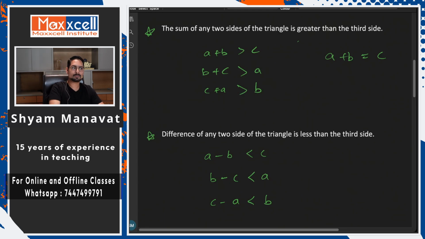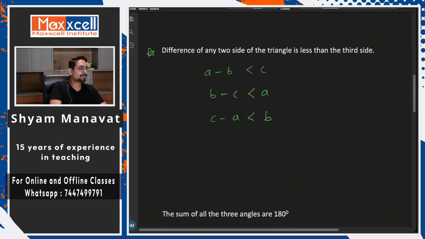We will learn that in coordinate geometry. Nevertheless, you understood. So if this is the case, then it's not a triangle. So a plus b has to be more than c. Sum of any two sides has to be more than the third side. We can prove the other properties in the same way, but as I said, we don't have to get into details. Just learn the properties.